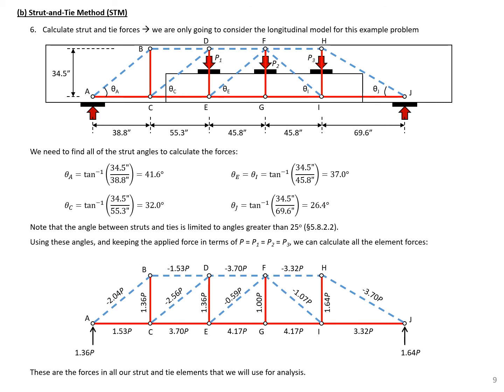With our model and all the specific dimensions that we found on the last slides, we can now find all of our strut angles just using our inverse tangent and our dimensions that we know. So we see our angle for A, C, E, and I, and J. And we can compare that with our 25-degree lower limit.